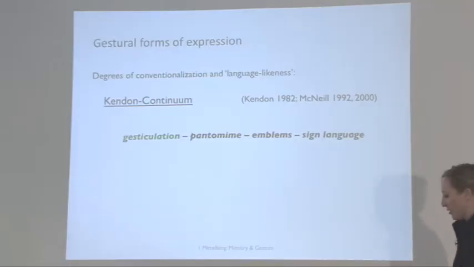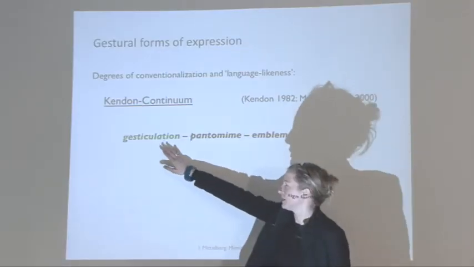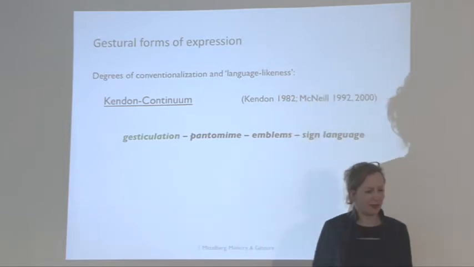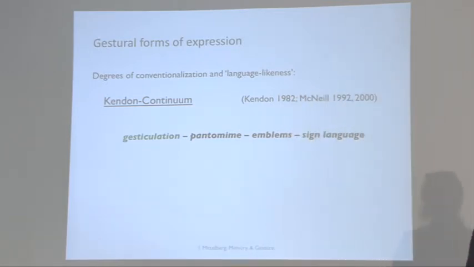With our work and what I'm going to talk about, we are going to situate ourselves here at gesticulation. That means free gestures, spontaneous co-speech gestures. Pantomime, of course, is also important for mimicry. We have not worked on pantomime ourselves. Emblems are culturally codified gestures when you go like, okay, that was great, or head nodding, yes, shaking, no. It's all cultural.